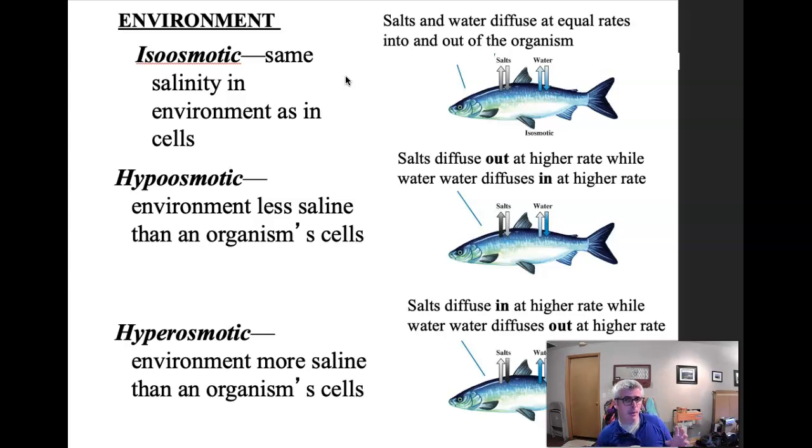Then you can have hypoosmotic. Hypo, less. Now what are we talking about when we say hypo? Again, we're talking about the environment. So the environment is less saline than the organism's cells. An example of that could be if you take a marine fish and you throw it in fresh water.